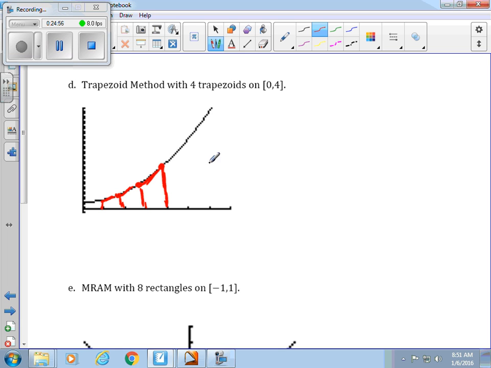Okay, the width is 1. That's actually the height of our trapezoid, isn't it? So the very first one is 1, 2, like maybe 4 trapezoids. Yes. Did I not draw one there? Thank you. So remember, the area of a trapezoid is 1/2 height times base 1 plus base 2.